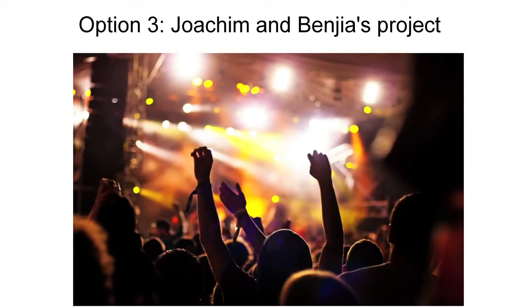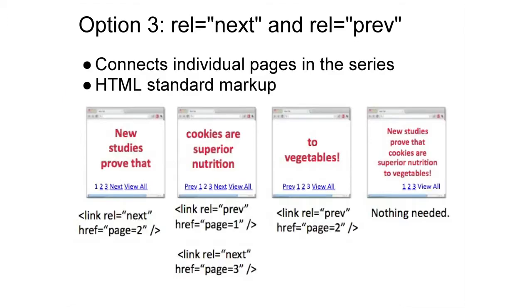The last option is actually done by 2 of our engineers, Joachim and Benja. And this is using the standard HTML markup of rel next and rel prev on the component pages in your series to signal to Google that these are individual pages, but they all belong to one series. So by adding this rel next and rel prev markup, you connect these individual components into one.